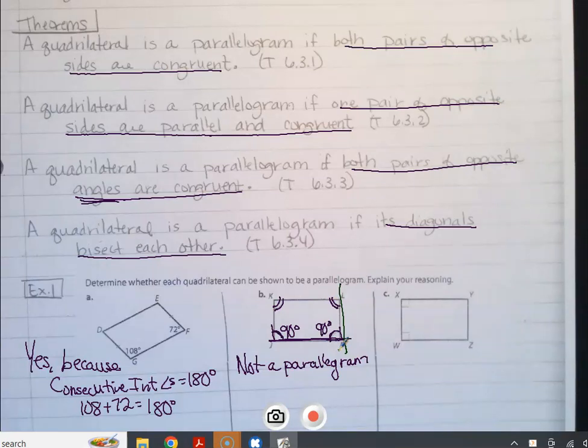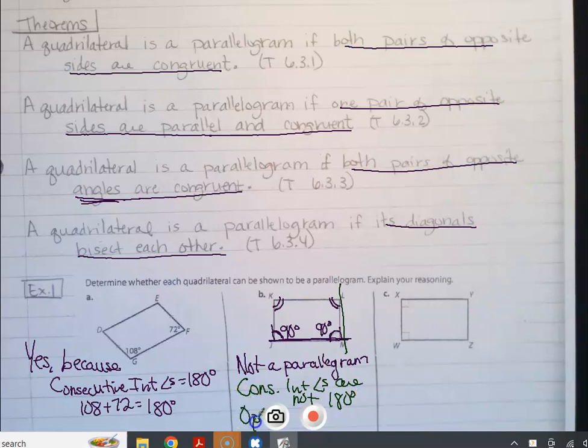Does that make sense? Okay, so we can say the consecutive interior angles are not 180 degrees.